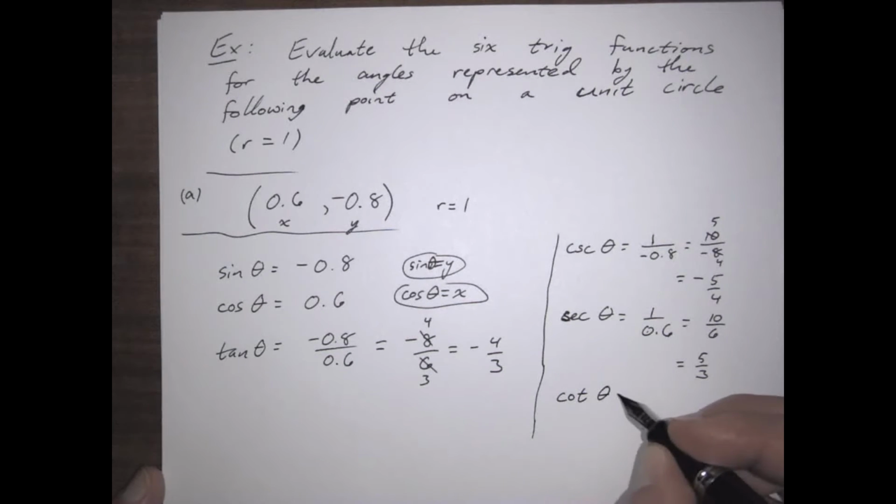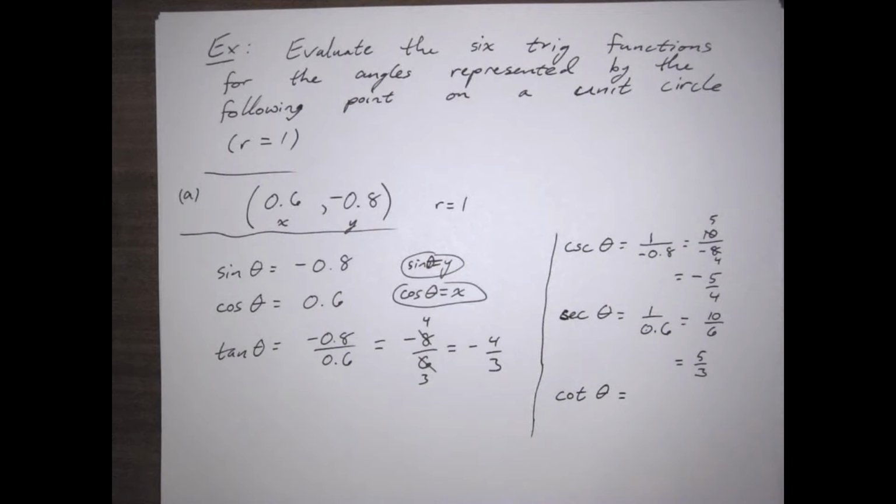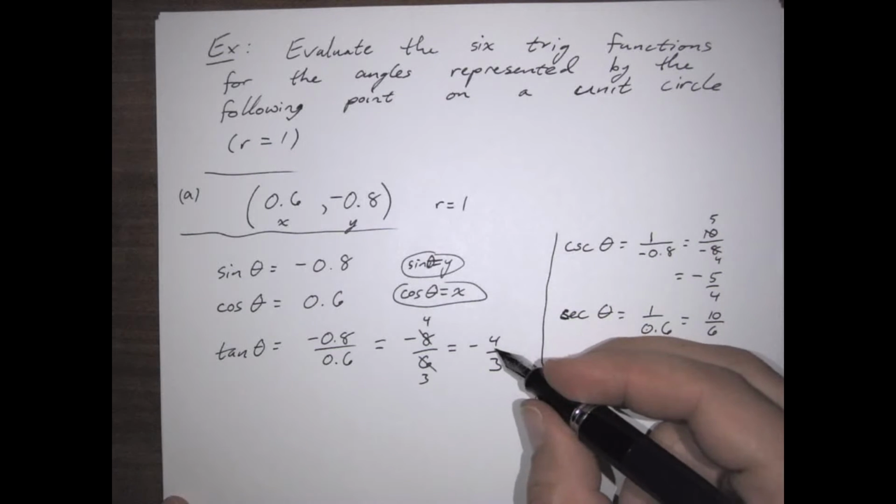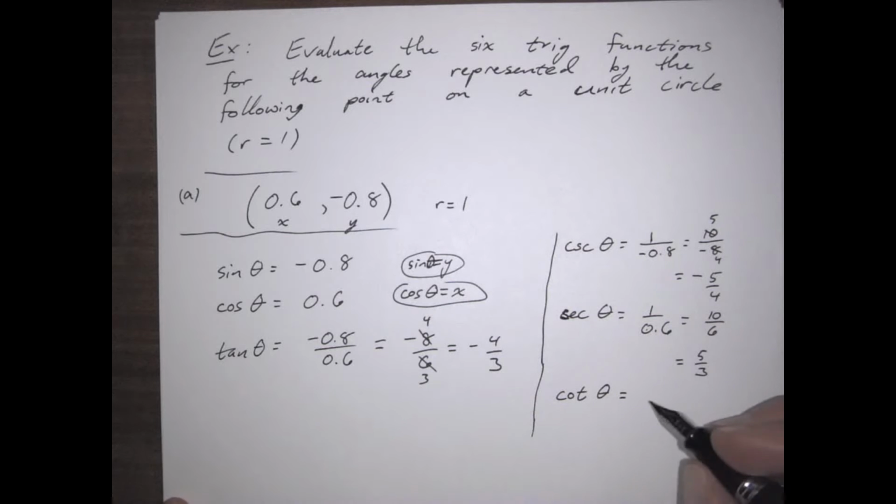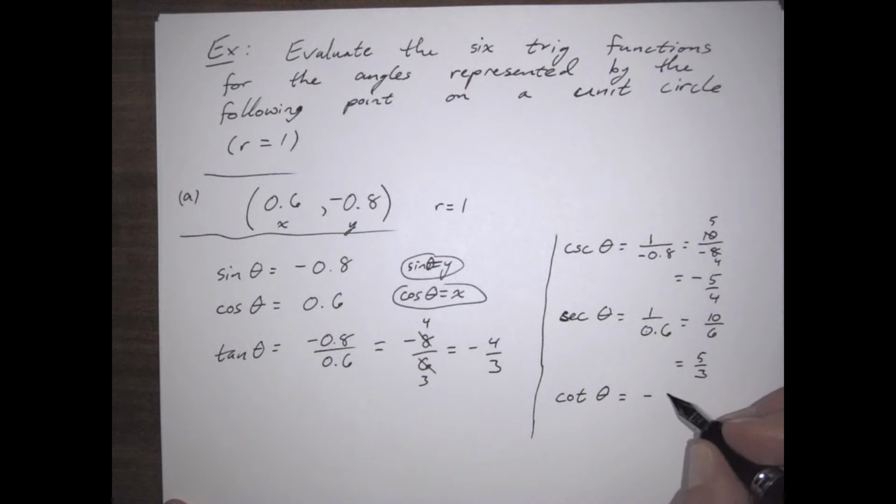And then cotangent theta. So this is equal to the reciprocal of tangent. And the reciprocal of tangent is this fraction turned upside down. So what we can do is just flip the fraction that is the tangent. Or if we wanted, we could write it as 1 over negative 4/3 and then simplify that.